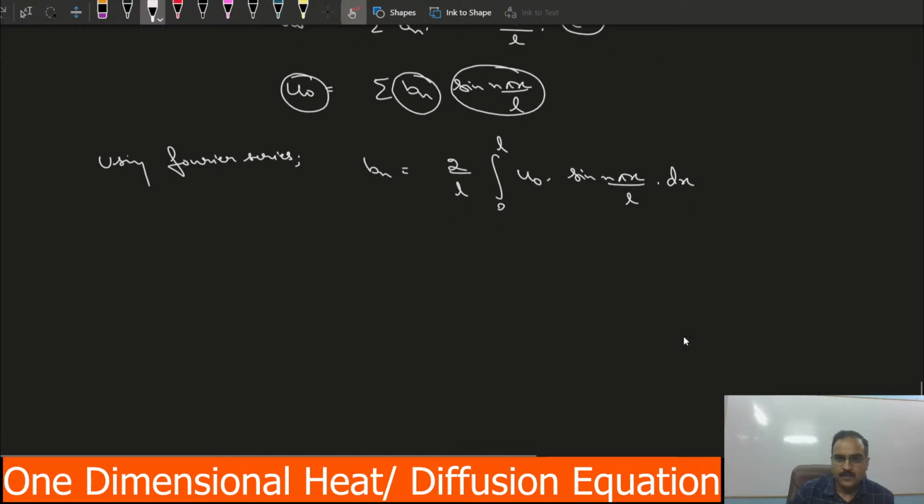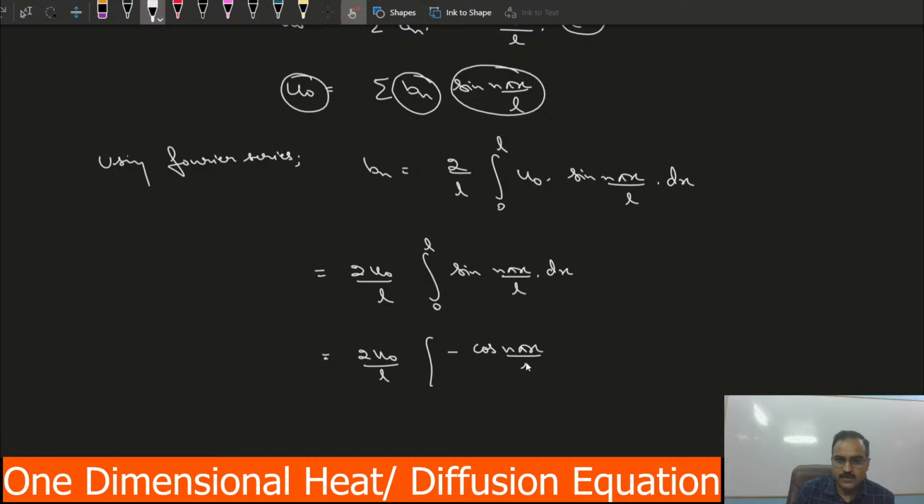Since u naught is constant, I'm taking it outside, so 2 u naught over l, with integration 0 to l of sin of n pi x by l into dx. Now the integration of sine will be minus cos of n pi x by l over n pi by l, from 0 to l.